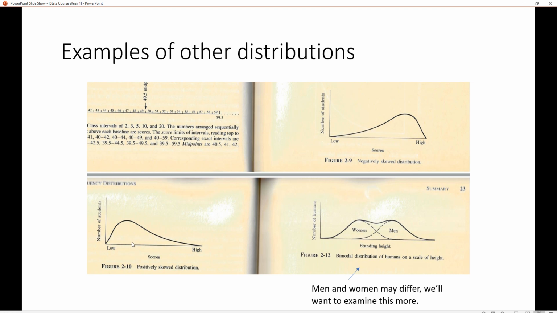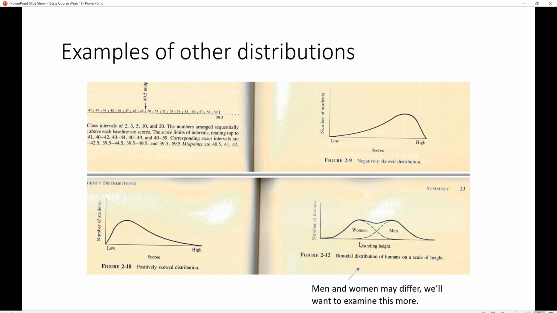For positive skewed distributions, the tail drifts off to the right. And in the bottom right, we have an interesting case of a bimodal distribution. This is something that we can come across in various sets of data where, under one somewhat normal looking distribution, we actually have two underlying distributions. In this example, it's men and women.